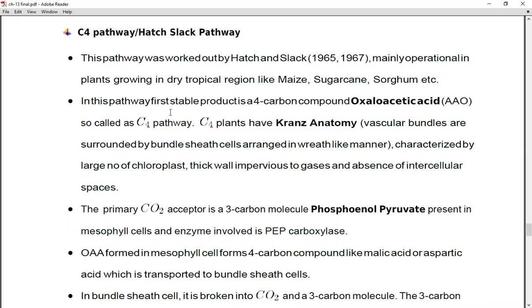So, as the first stable compound of this pathway is oxaloacetic acid, this pathway is known as the C4 pathway. And the C4 plants show Kranz anatomy.